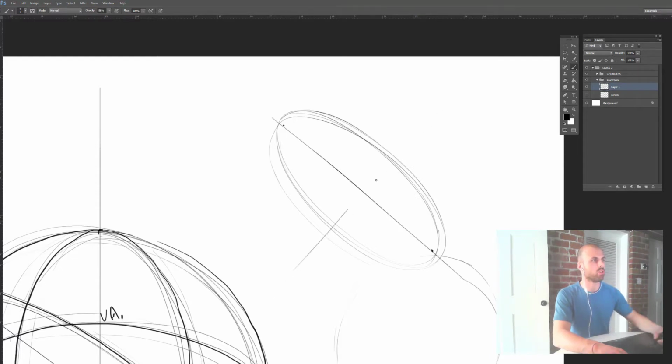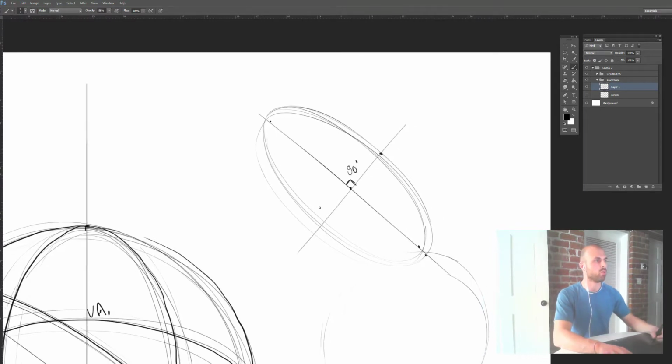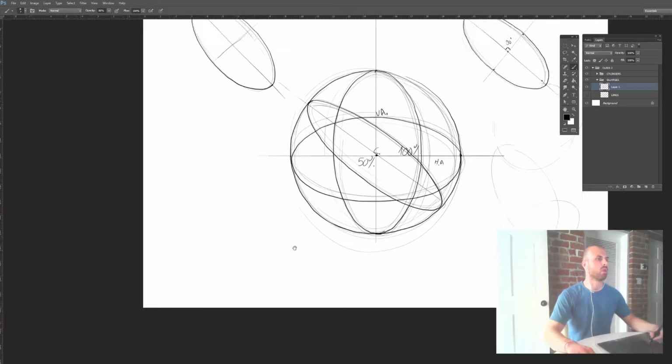And then once you have it, you divide the major line in two, and you sketch a line passing through the center, creating an angle of 90 degrees, and this is going to identify your minor axis. Remember to go back with the good design lines to show exactly the good part of your ellipse.